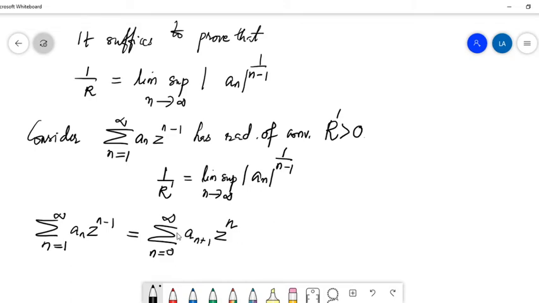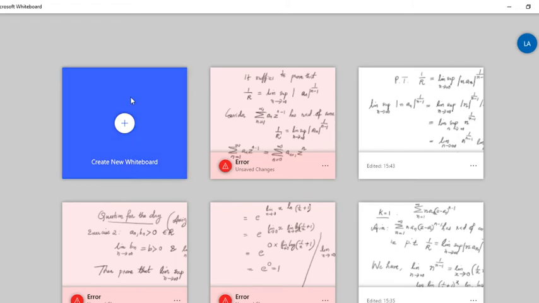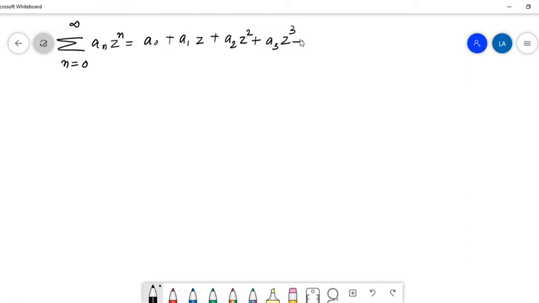Now we are going to write the series we have at hand: summation n is equal to 0 to infinity of a_n z raised to n. This is equal to a naught plus a_1 z plus a_2 z square plus a_3 z cube plus etcetera.